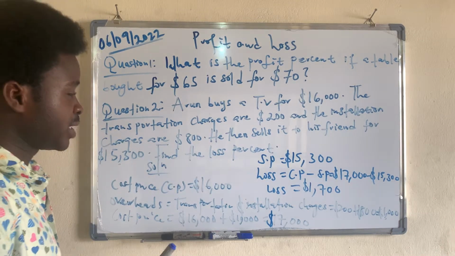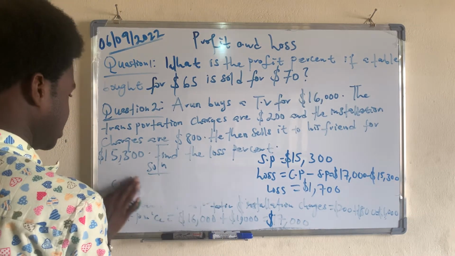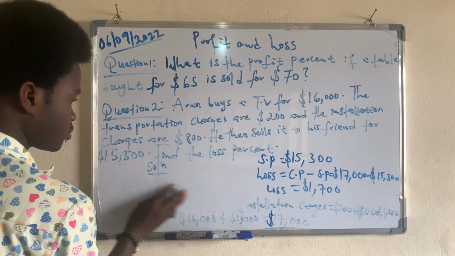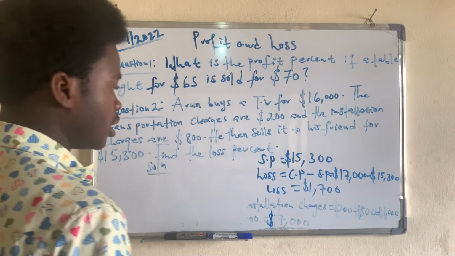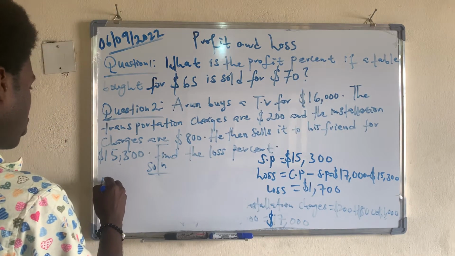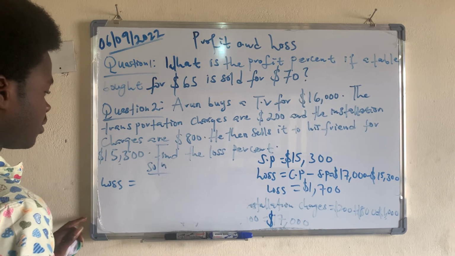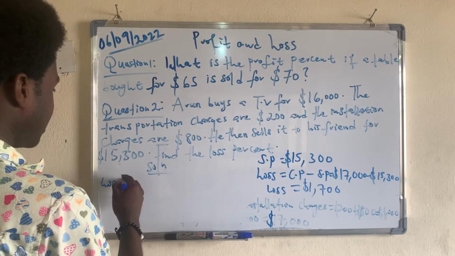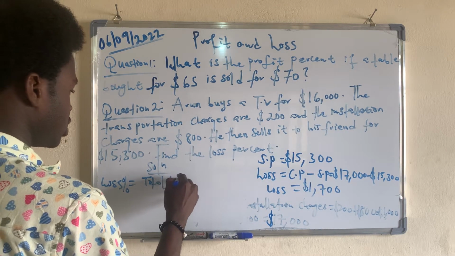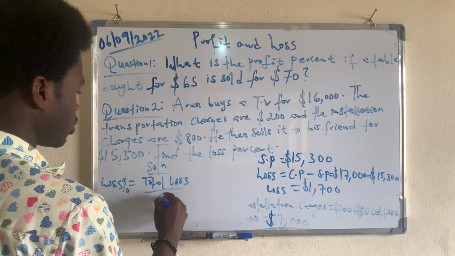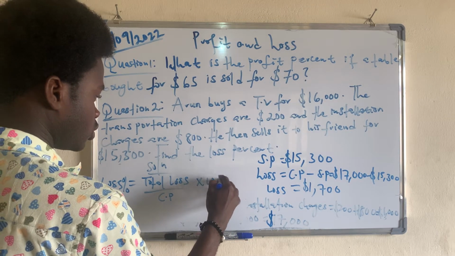To obtain the loss percent, applying the formula, our loss percent is simply the total loss over the cost price times 100.